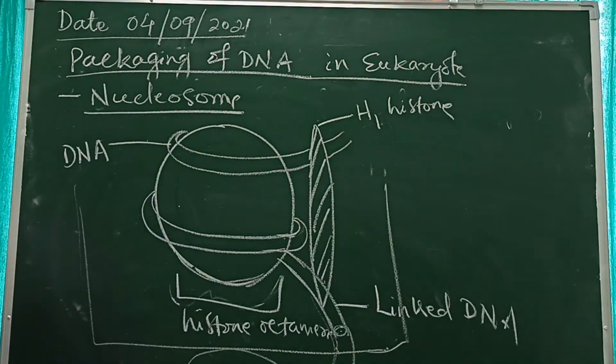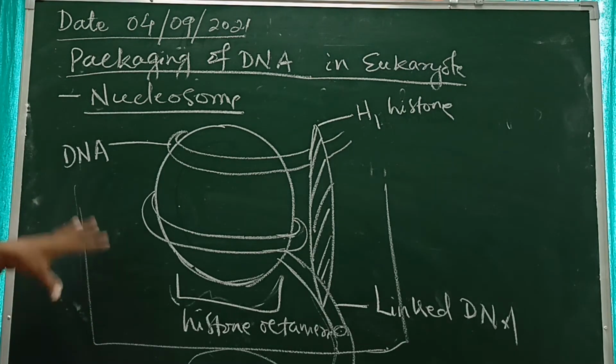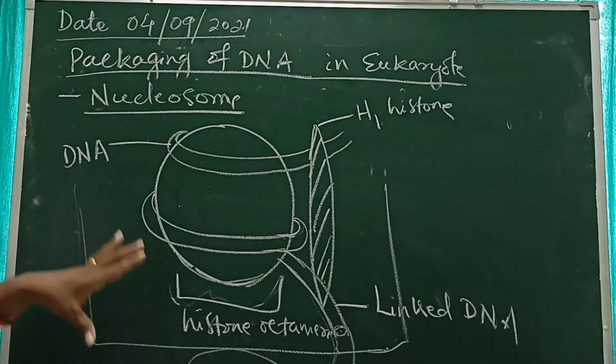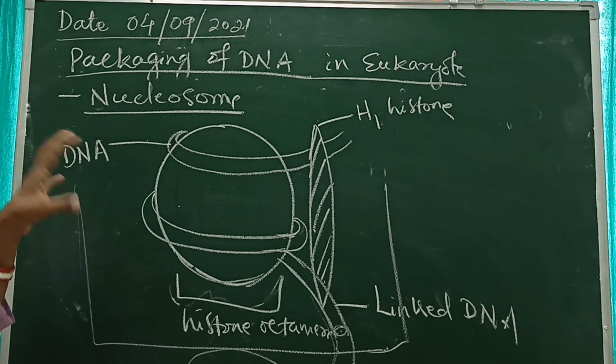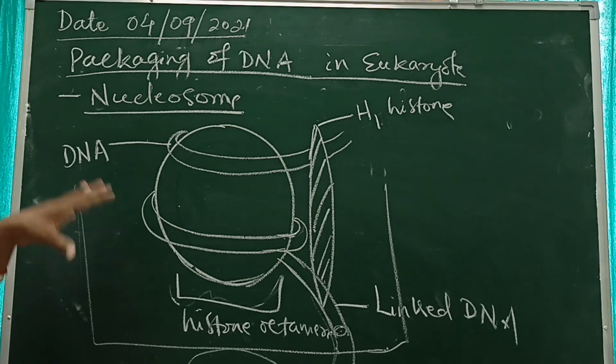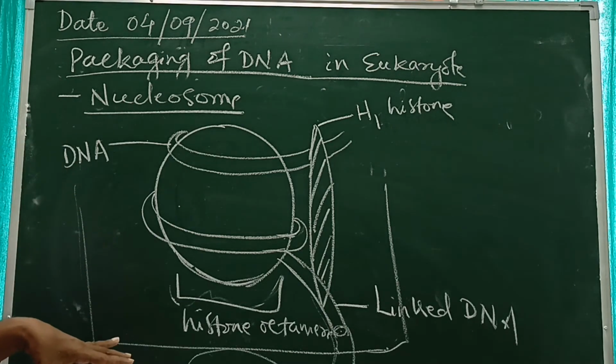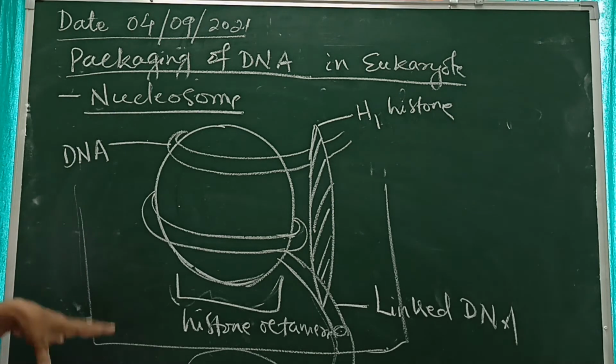This is the packaging unit of DNA. How is it possible? It is possible due to the positively charged histone protein. Why is histone protein positively charged? Because it is rich in positively charged amino acids, that is lysine and arginine, and it is basic in nature, whereas DNA is negatively charged.